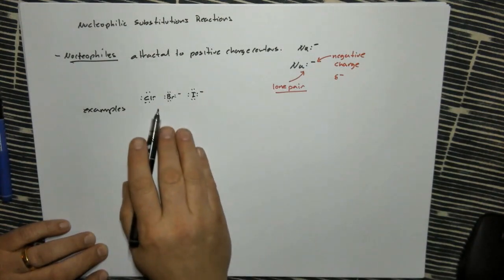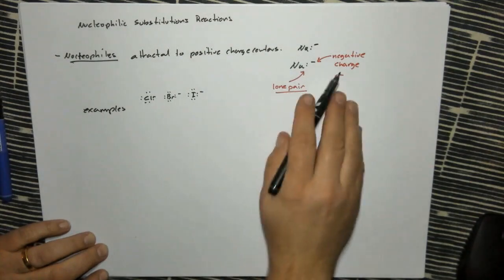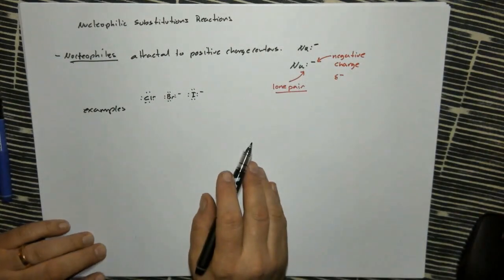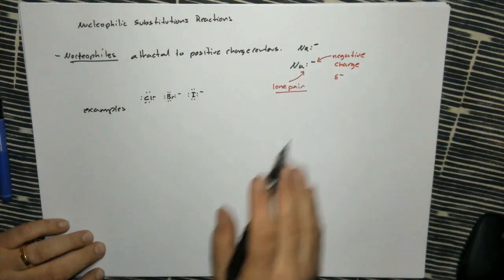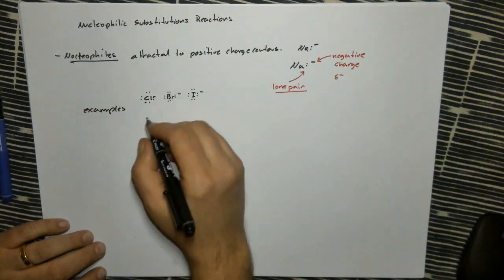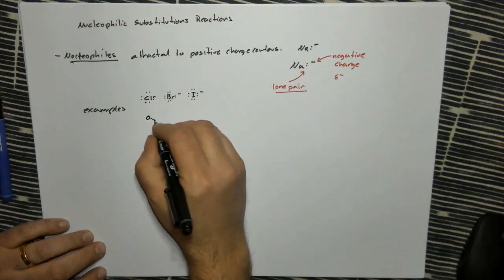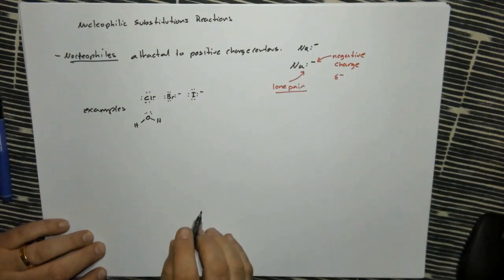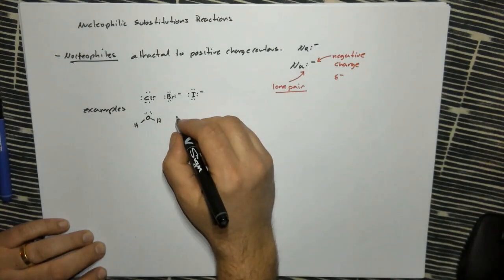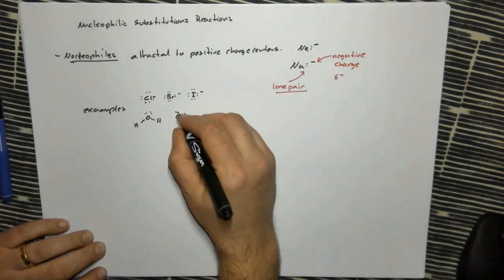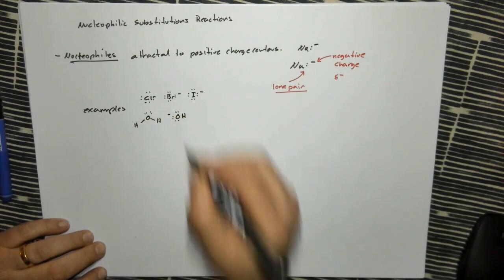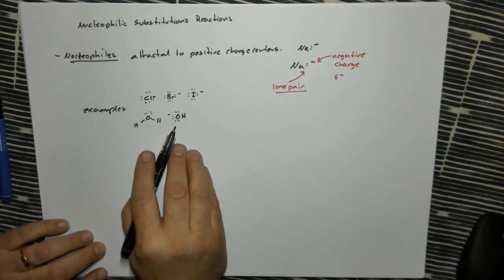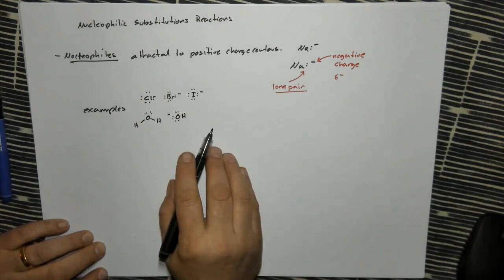These are nucleophiles that meet both of the criteria, with both lone pairs and a negative charge. And then we can also take examples like water. Water has no negative charge, but it has lone pairs. On the other hand, hydroxide ions have lone pairs and a negative charge.